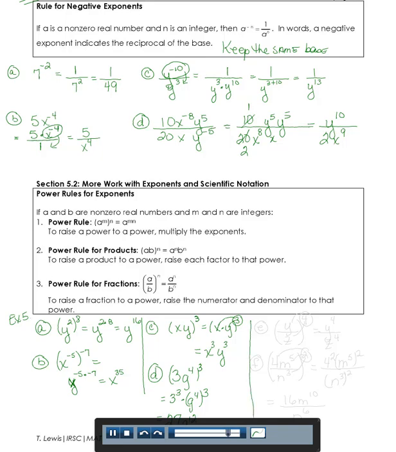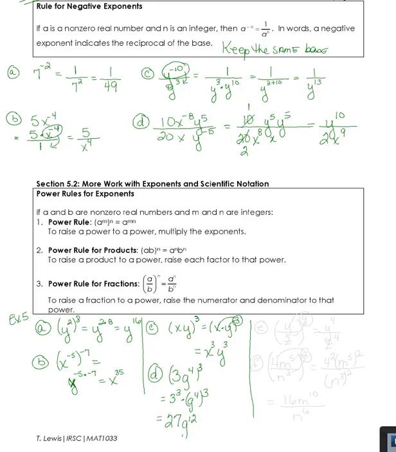All right, let's look at the third rule. Power rule for fractions. This is similar to the power rule for a product, and sometimes the textbooks say power rule for quotients, meaning fractions. But the same thing applies. We have here, let's say y over z, and let's say that is raised to the fourth power.